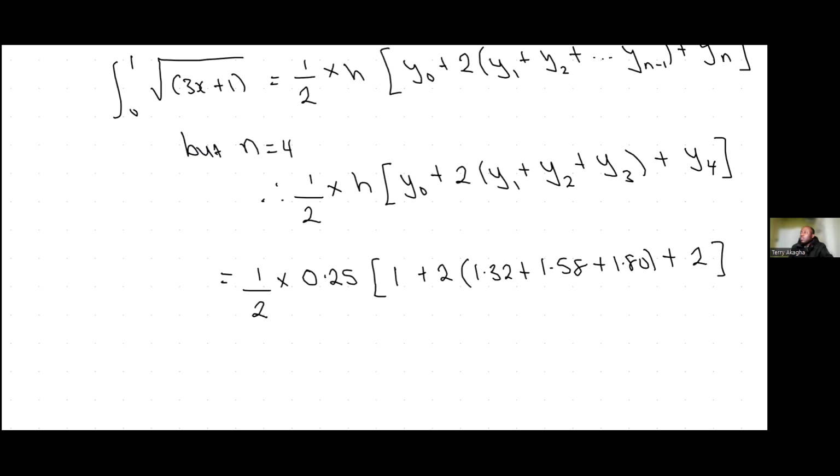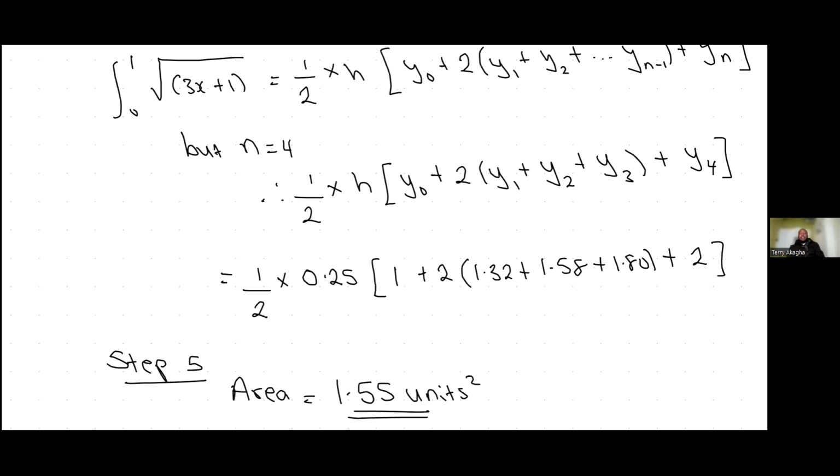Now, you put this into your calculator, and that will be step 5, which we're told to simplify. You press all this in your calculator, and the area will be 1.55 units squared.